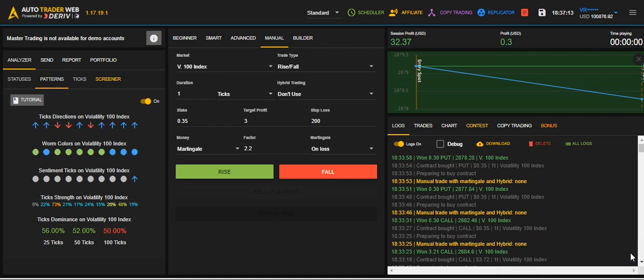Let's say if the previous tick is a rise, you have to click rise; if the previous tick is a fall, you have to click fall. So you have to click 10 times. The overall up and down is the deciding factor of your next trade.